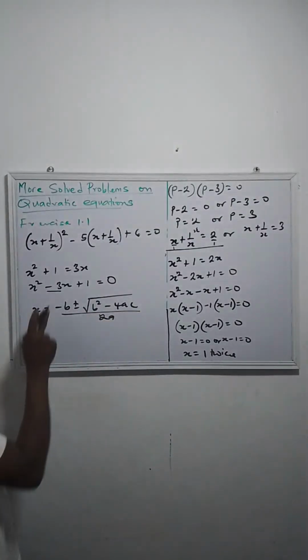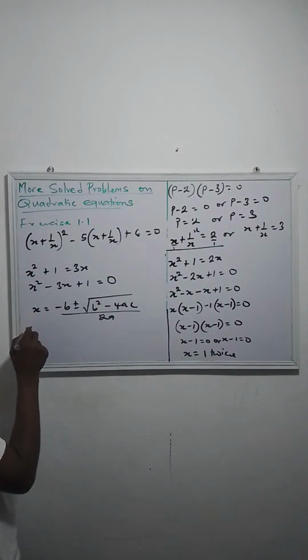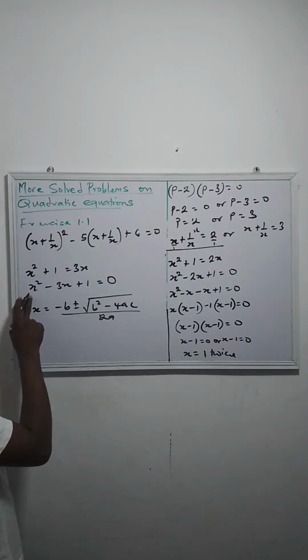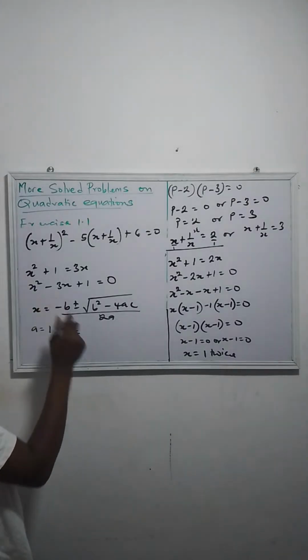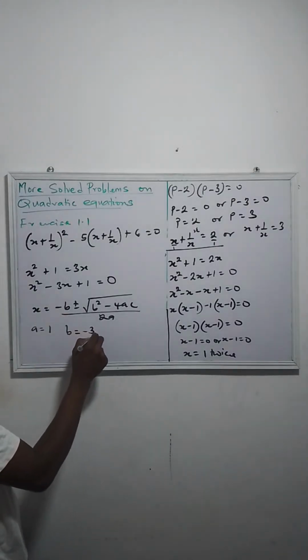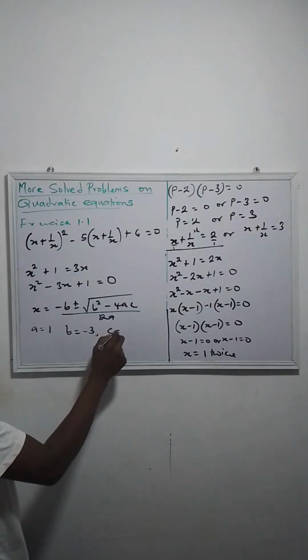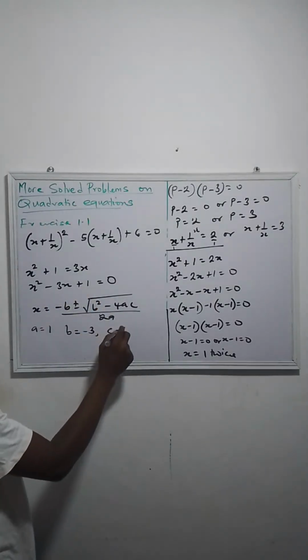Now when you look at this equation, a is what? The coefficient of x squared, that is 1. b is negative 3. And c is the constant here, that's plus 1.